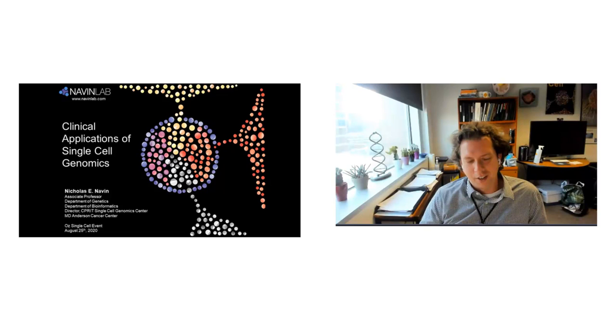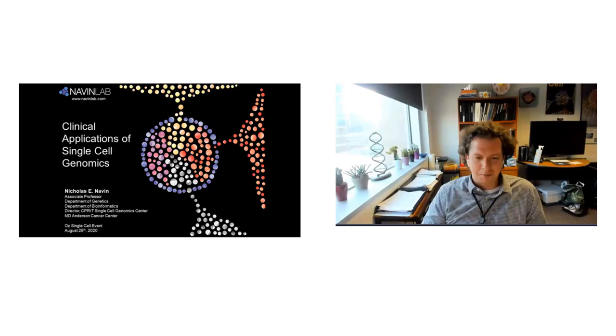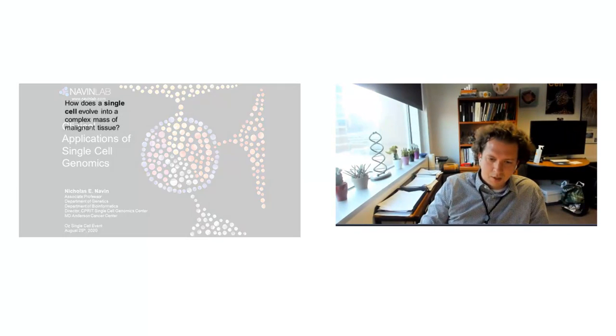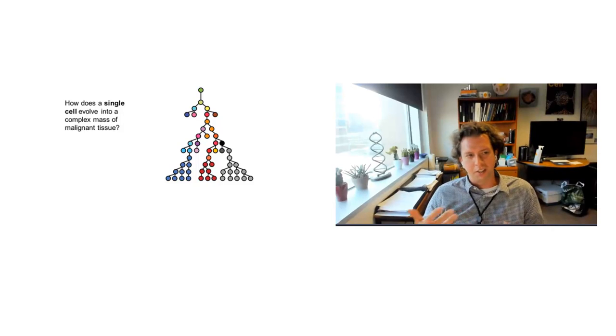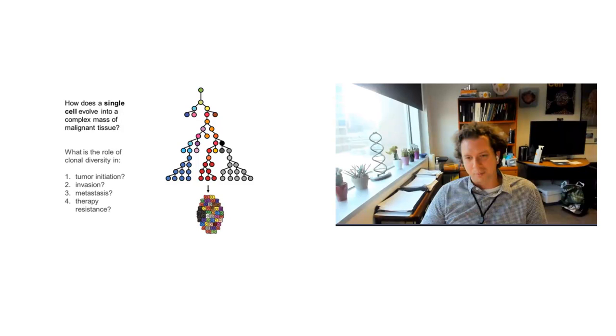I'm going to talk about clinical applications of single-cell genomics, which is an area of great interest to us. So for some time now, we've been interested in how a single somatic cell in breast cancer, which would be an epithelial cell, is able to acquire mutations and then expand and diverge into distinct lineages, resulting in this big mess of genetic profiles that we call intratumor heterogeneity.